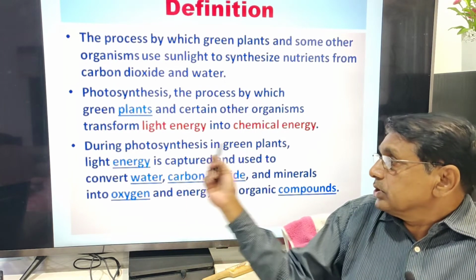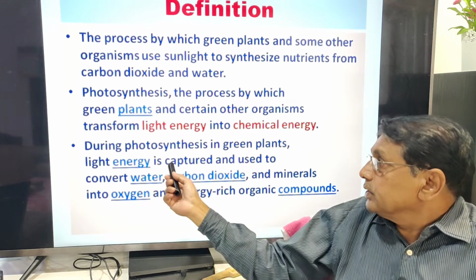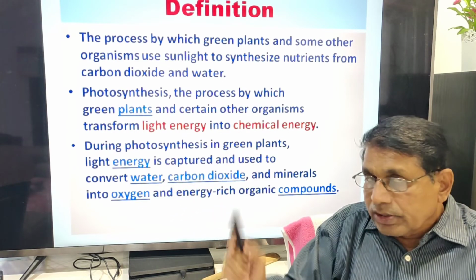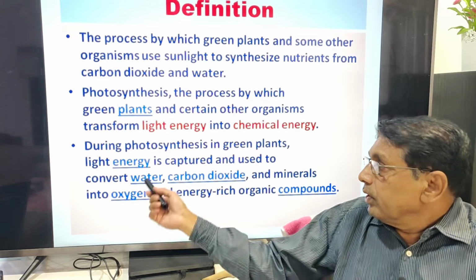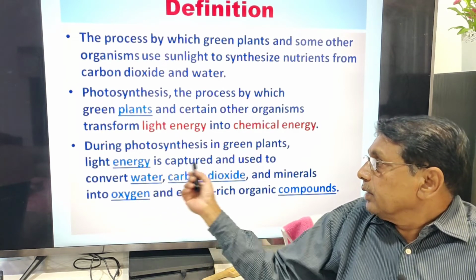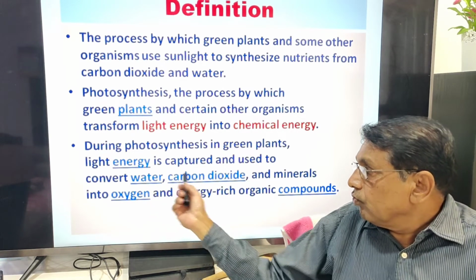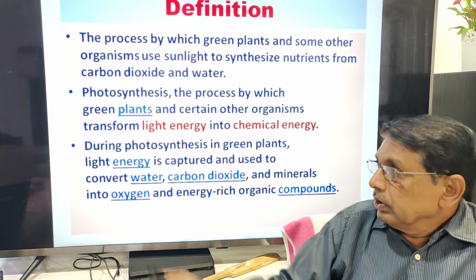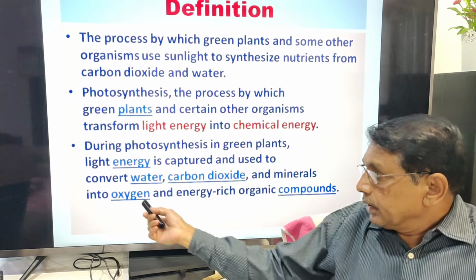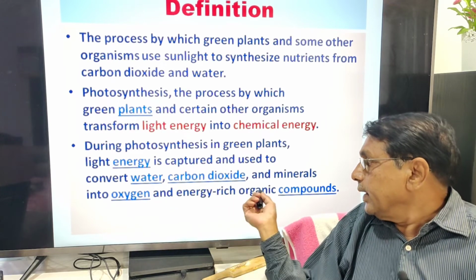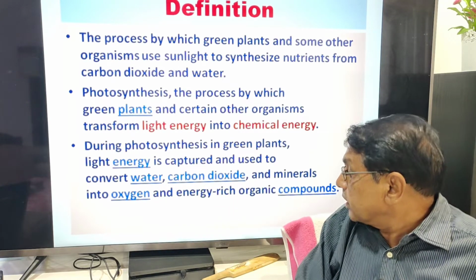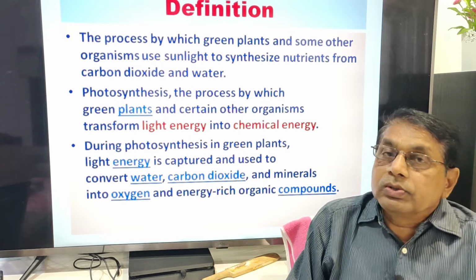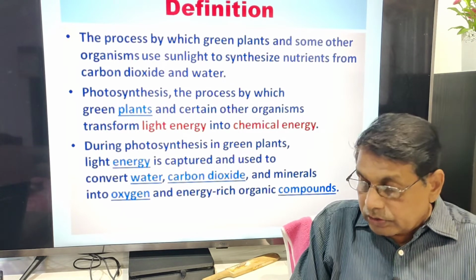During photosynthesis, green plants' light energy is captured and used to convert water and carbon dioxide and minerals into oxygen and energy-rich organic compounds like glucose, starch.